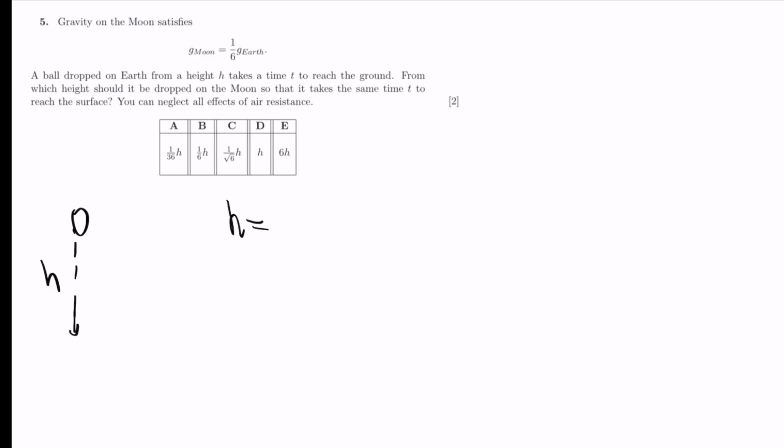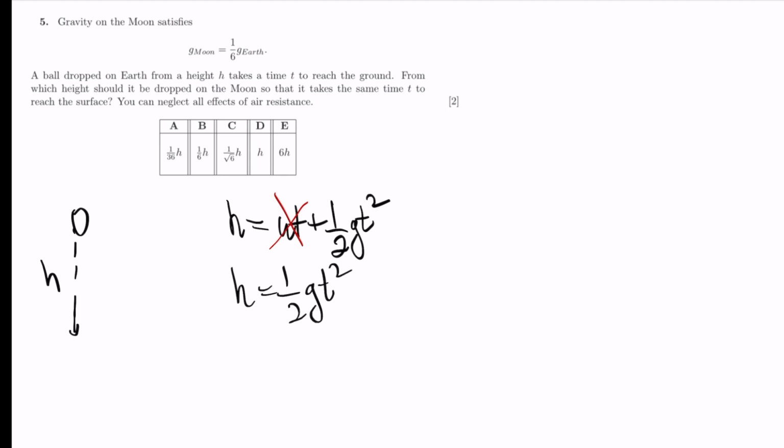Okay, well, what is the relationship between height and time in this equation? So we know that height is equal to ut plus a half at squared. Let's call it g t squared. There's no initial velocity because this thing is just dropped, so we can get rid of this. So we can say that the height is equal to a half g t squared. We can see that there is a direct proportionality between the height h and the gravitational acceleration g.